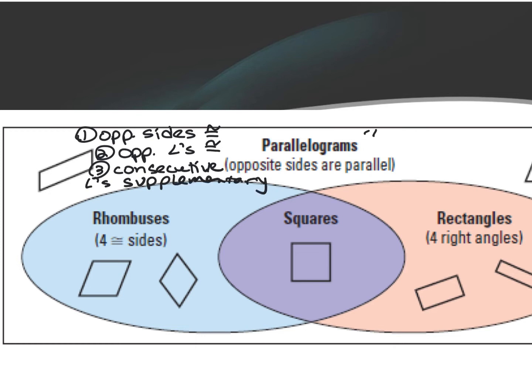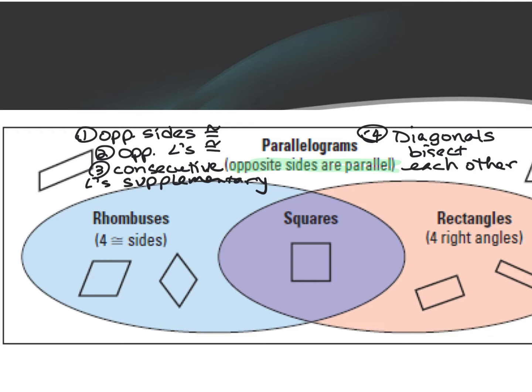And then the last one, I also learned that the diagonals bisect each other. So these are all the properties that we learned back in section 7.1. These are our 4 properties of the parallelogram. Now we also learned the definition, which is already written in here for you, that opposite sides are parallel. So that was the definition, and then these 4 properties were the 4 theorems we learned in 7.1.